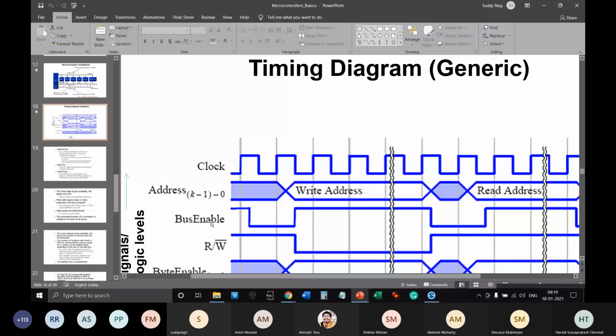So clock is an independent oscillating square wave signal which goes on and on, and in every clock cycle or every group of clock cycles, certain operations are being done. So the clock is very basic; it is common to any microcontroller.